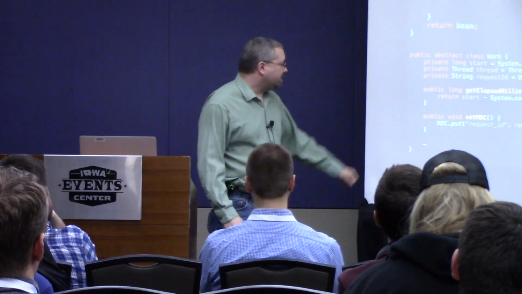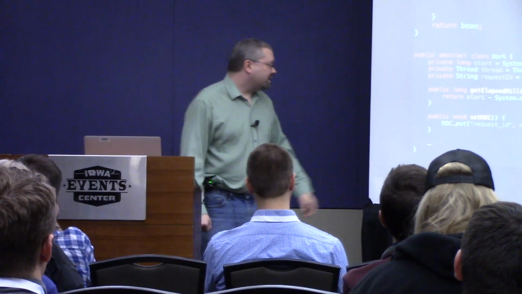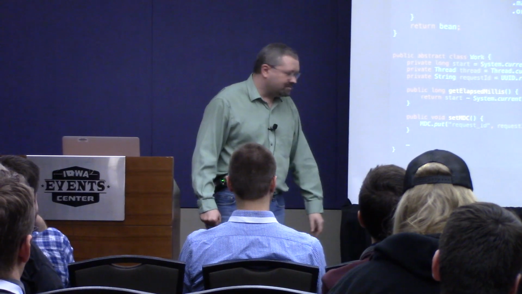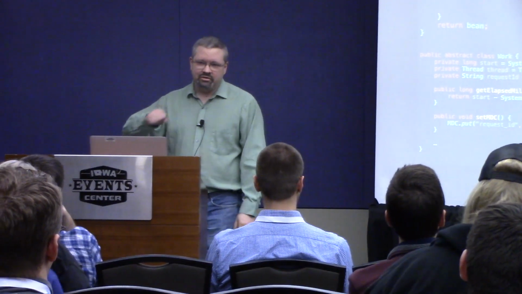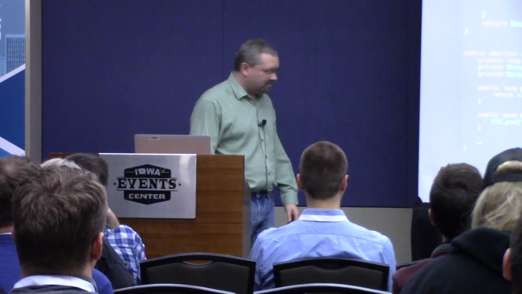In your bean, you also need a few other things, like when did you start? You basically keep track of the time. Keep track of the thread or whatever that is actively doing this work, and assign a request ID. You stick that into the MDC. When you go and do your logs, all your logs then are going to tie up to this one thing, and you're going to be able to see everything that's going on with this particular thread.